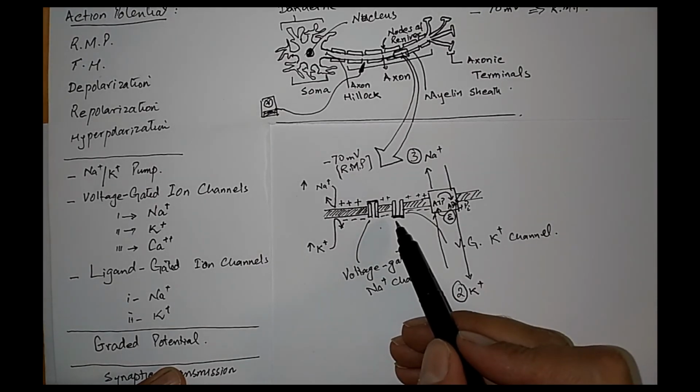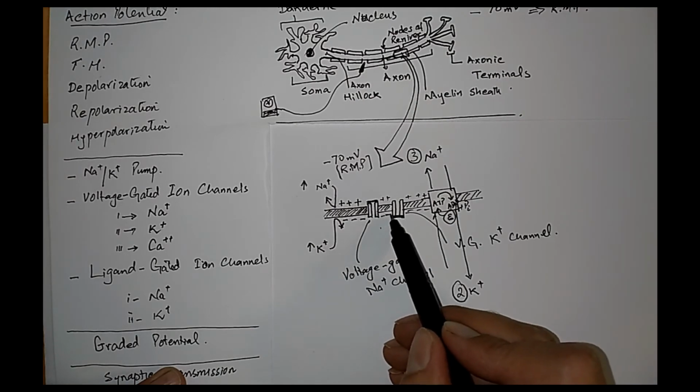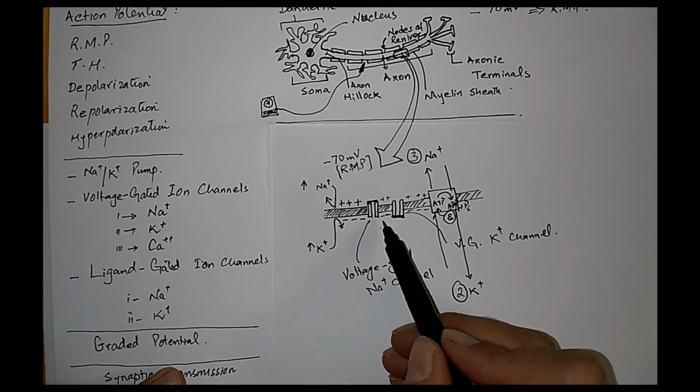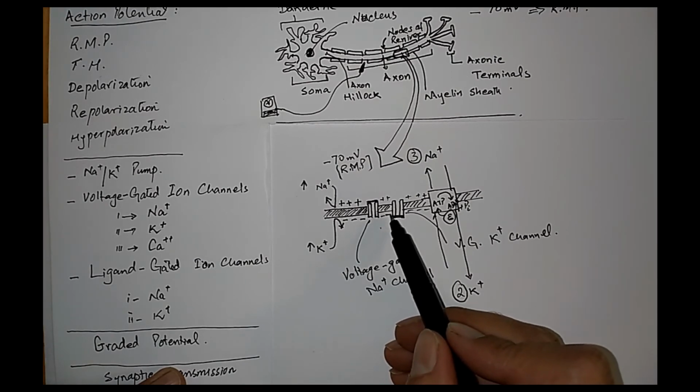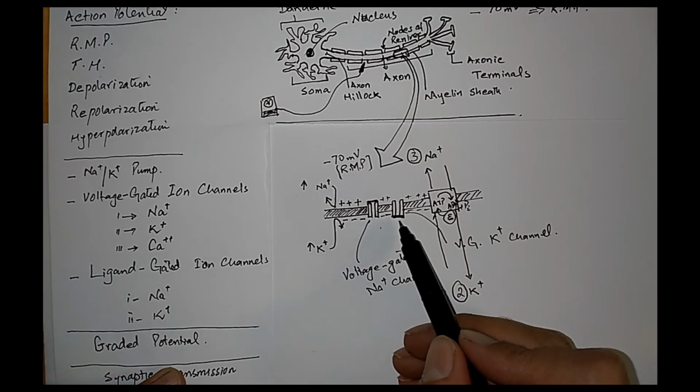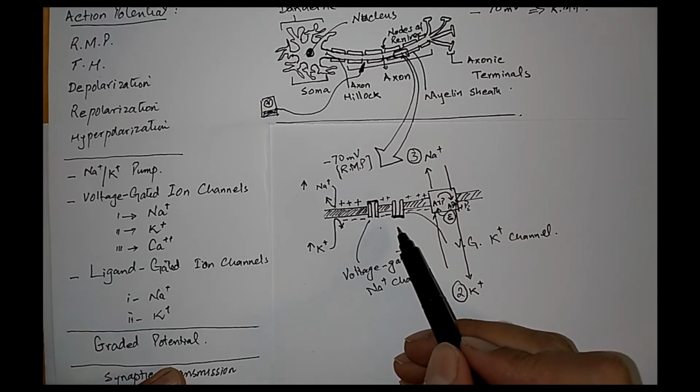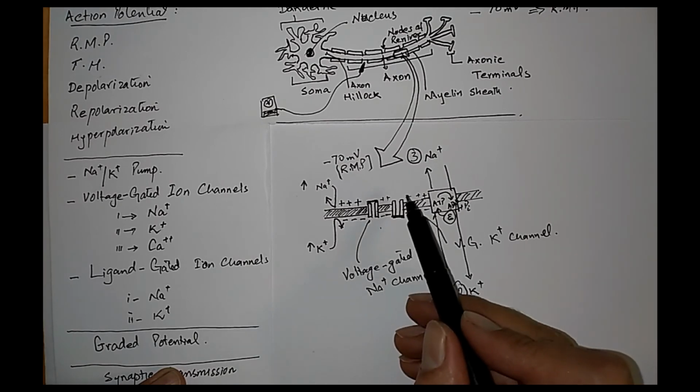The second one is the voltage gated potassium channel. Similarly, they remain closed until there is a change in the charge within the internal side of the cell membrane and the action potential arrives here, and it results in the opening of these gates, and they allow the potassium ion to move out.